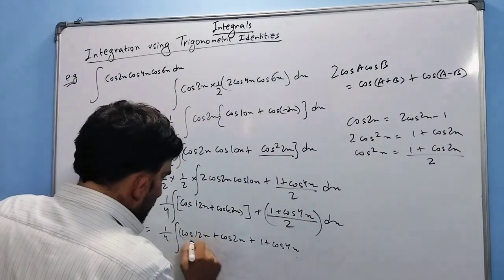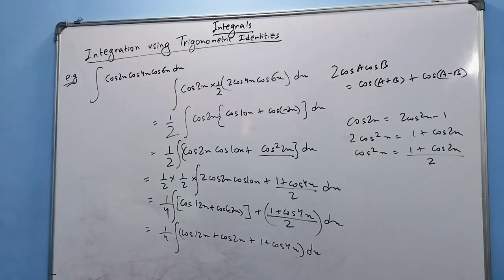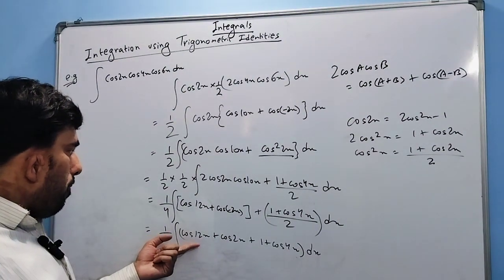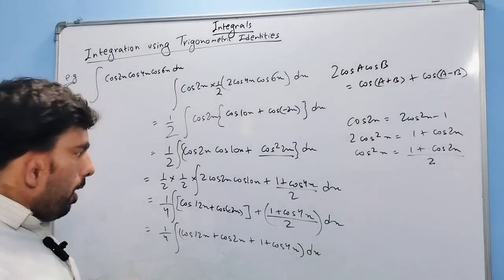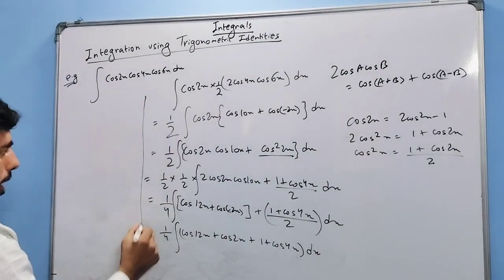Okay, now we'll integrate according to it. So what will be the answer here? That is, cos 12x, what is the integration of cos 12x? I'll write it here. Okay, we have space.